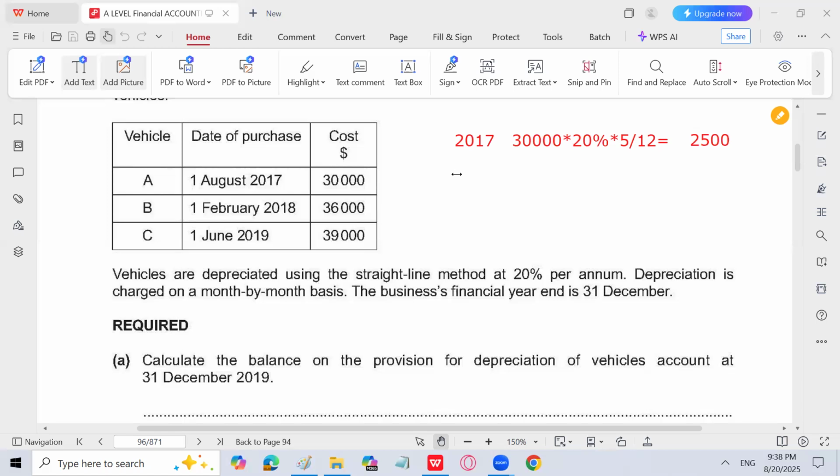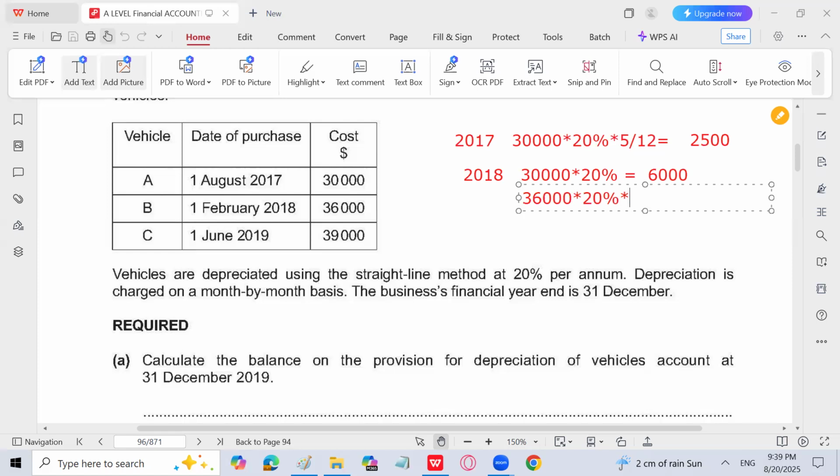Now we are supposed to calculate depreciation for 2018. In 2018, we have two types of assets. One, which we already have from the previous year. We will calculate depreciation on 30,000 at the rate of 20% for the whole year, which is going to be 6,000. And one asset we have purchased new in 2018, which cost 36,000 into 20%.